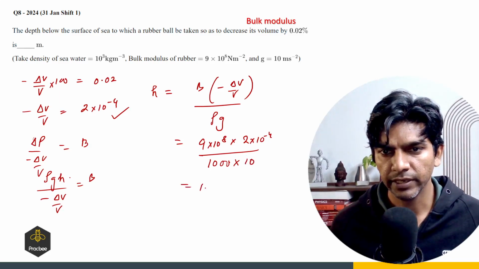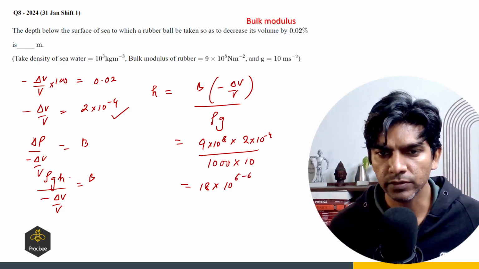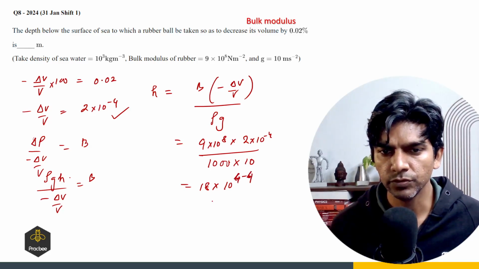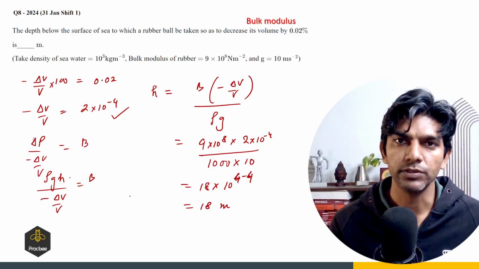So this will give us 18 into 10 raised to 4 minus 4, that is nothing but 18. So 18 meter is the answer of this question.